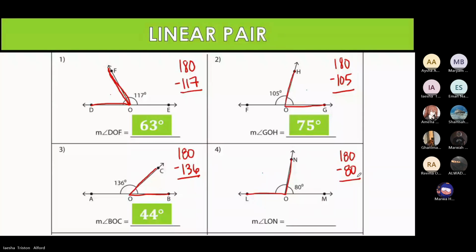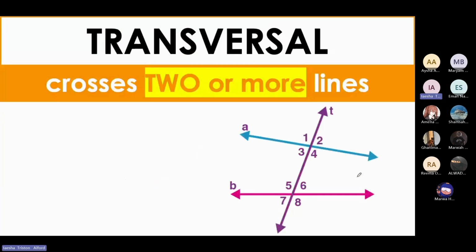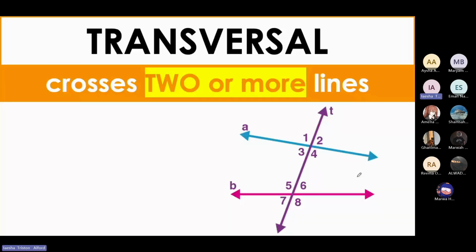So everybody's fine. So what do we remember about linear pair? Straight angles add to 180. So if you want the missing number, you have to do 180 subtract the number they give you. Okay? Here, transversal. Remember, transversal crosses 2 or more lines.